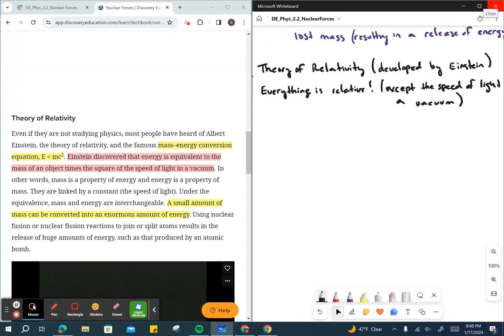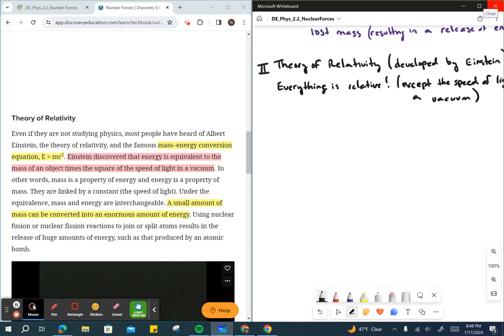Okay. So some of the things that he came up with here was he realized that there is a fourth dimension. Not only do you have the typical three dimensions, okay, you have your X, right?